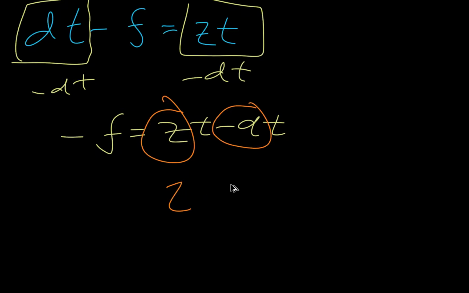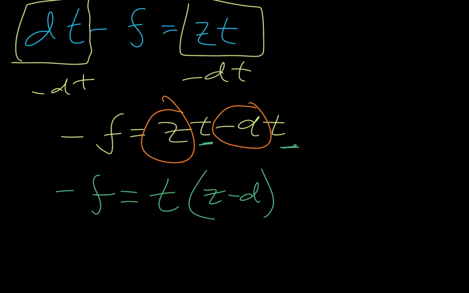We're going to factor out the t's is probably an easier way to think of it. They both have a t in common. So we take that out, then we write what's left. We just have a z that's left from here, then we have a negative d that's left from here. We still have that negative f over there.